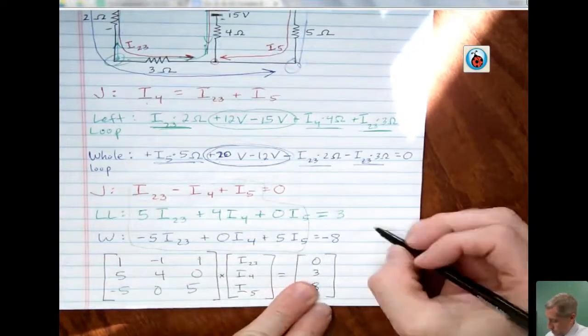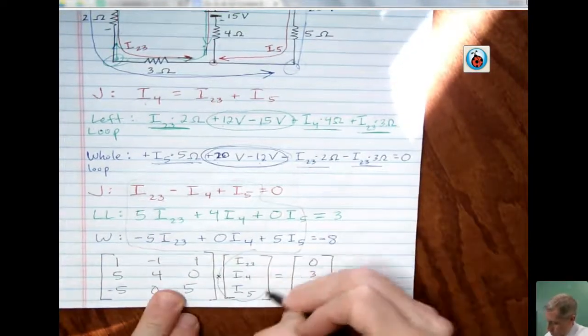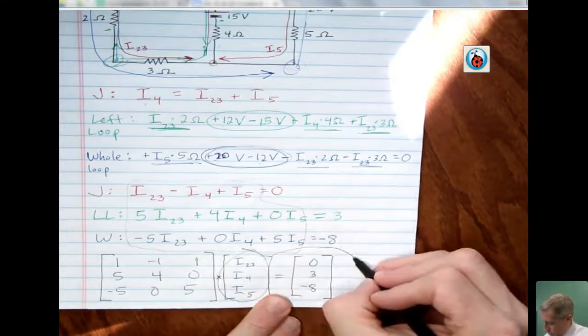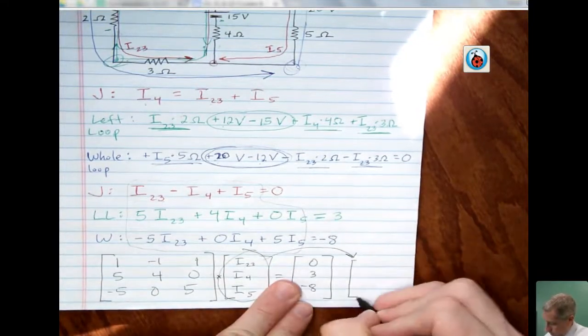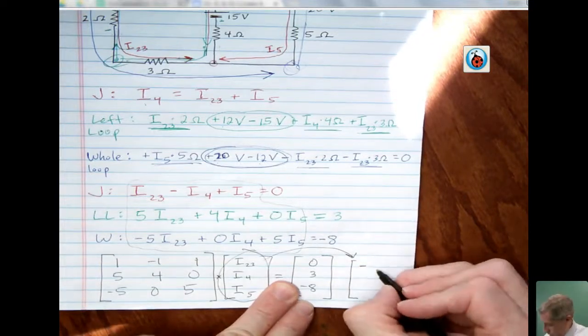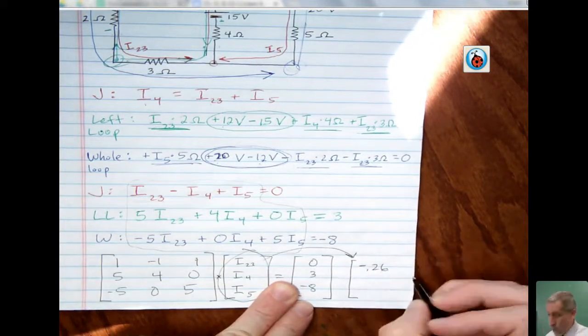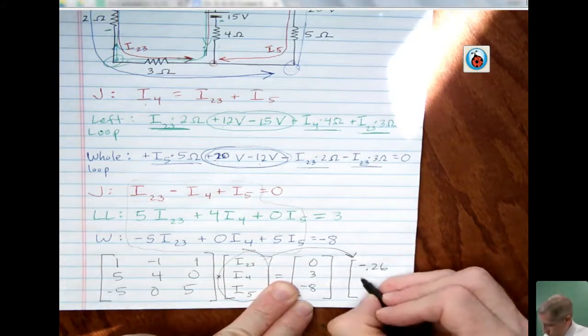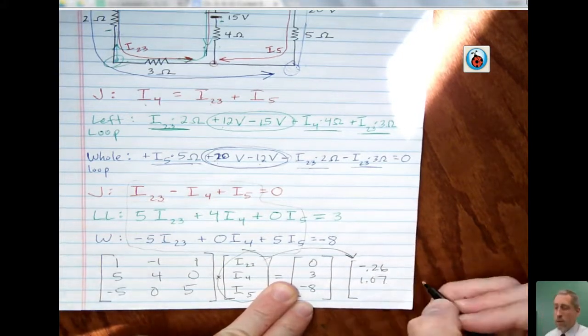Now I want to highlight those second two there, the negative 0.15 and the negative 0.88. Those are negative because of my original scheme of setting up currents, which I did at the very beginning of the video, and I drew I-23 and I-4 and I-5.